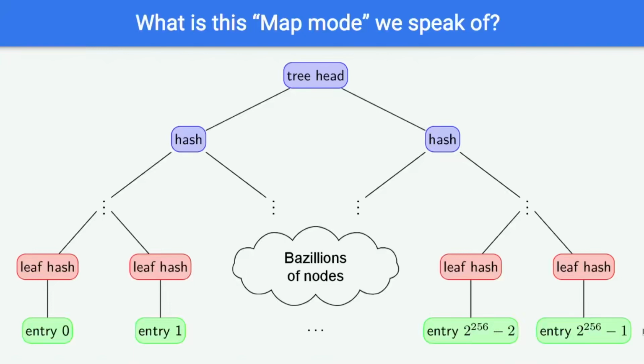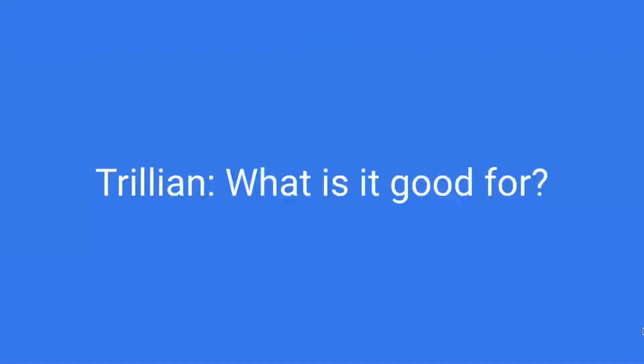If you want to add a key value pair to the Merkle tree, you use the hash of the key to find which leaf to store it in, and then that's where you put the value. This is great because then you can use these two proof mechanisms that Merkle trees provide again for a key value store to prove either existence or non-existence of specific values, which is quite fun and has a use that I'm going to mention in a minute.